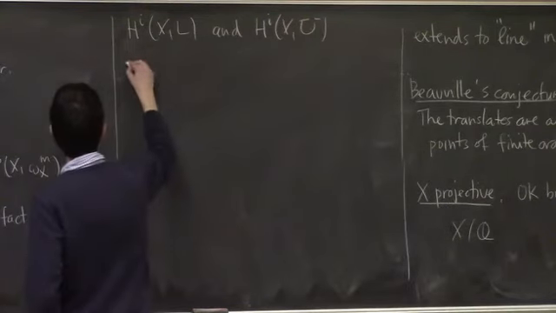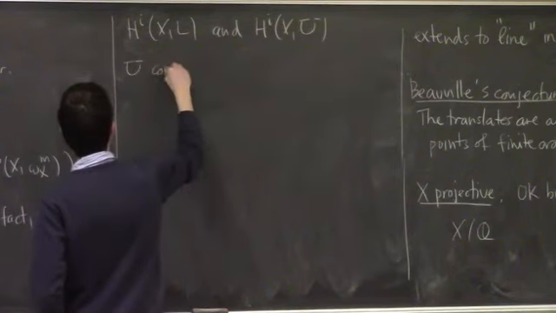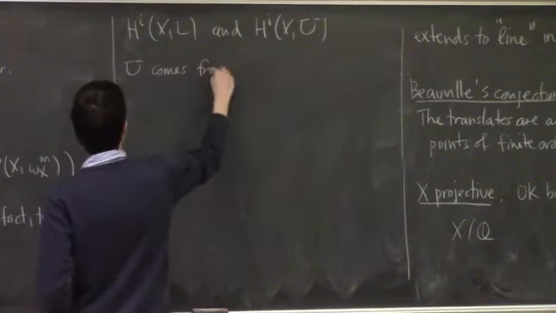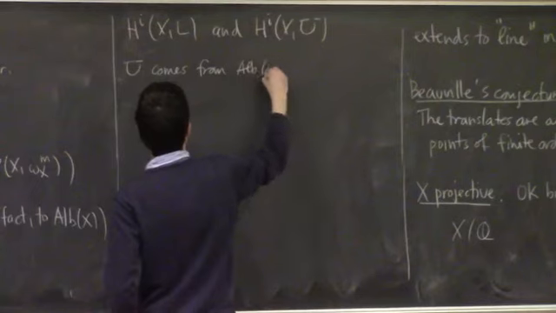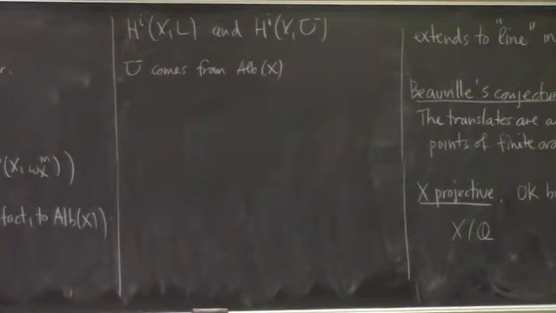Okay, so again, this U, which is one of these unitary local systems, actually also comes from the Albanese, because U corresponds to just a character of the fundamental group, which therefore sees only the abelianization of the fundamental group, and that's the same on Alb(X) as well, because they have the same H^1.